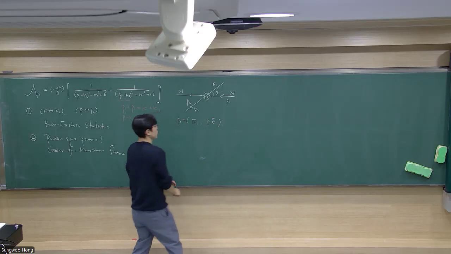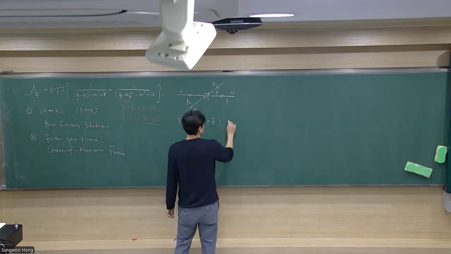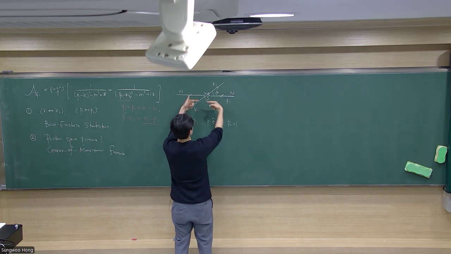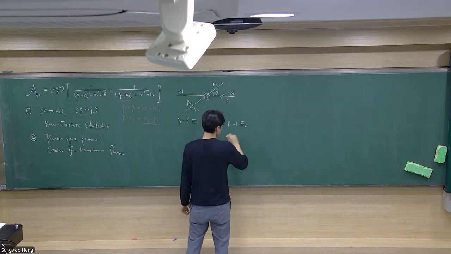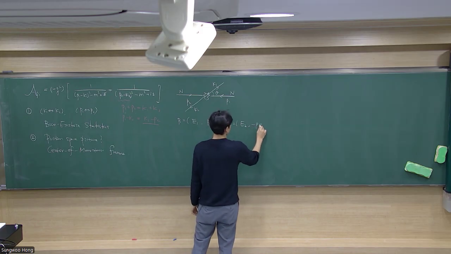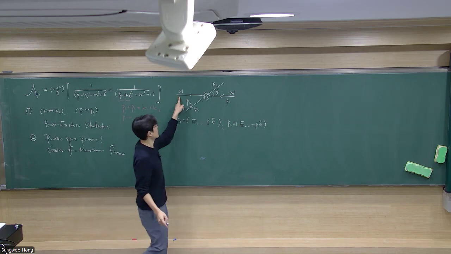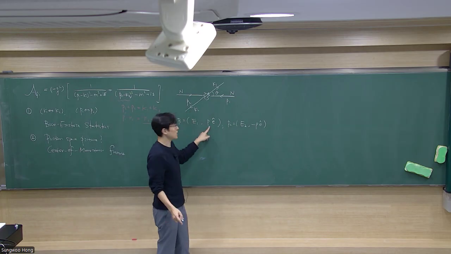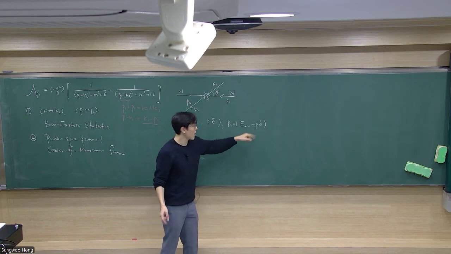Let me call that unit vector e hat. Then P2, because I'm drawing it this way, is E2 and minus p e hat. This goes in the opposite direction. Since these two have the same size of momentum, that's why it is a center of momentum frame. So if you add it up, it's zero.